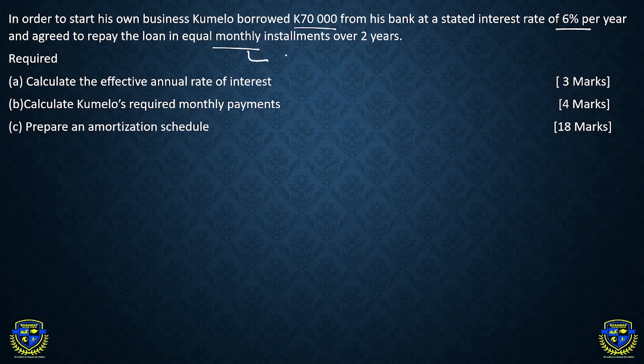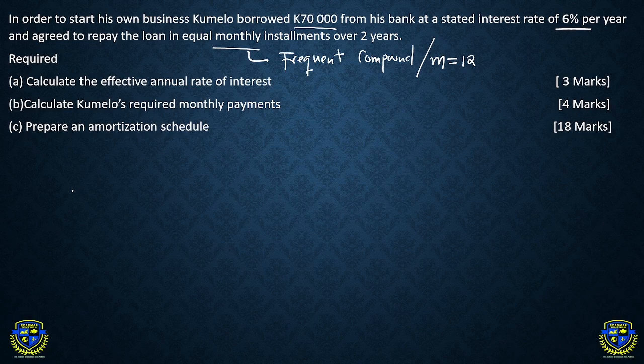That basically tells us that this is frequent compounding. What we mean is that the value of M is equal to 12 because there are 12 months in a year. The question continues: required, calculate the effective annual interest rate.